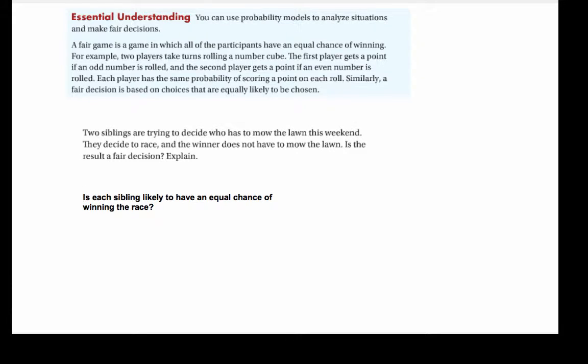So we don't really know anything about the siblings, but what we have to go ahead and assume is that this is not a fair situation. Okay? So we would say not fair. The only way that it really would be fair is if the two siblings were of identical athletic ability, essentially the same running speed, and then whoever wins, that would be a fair game or a fair decision.